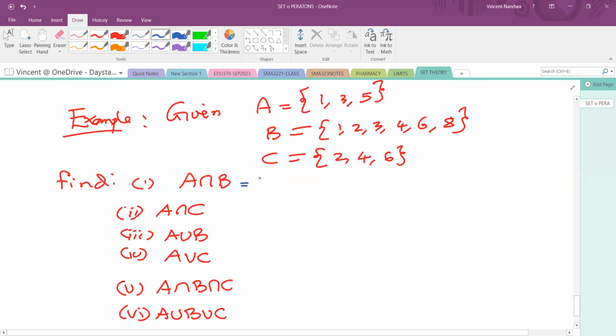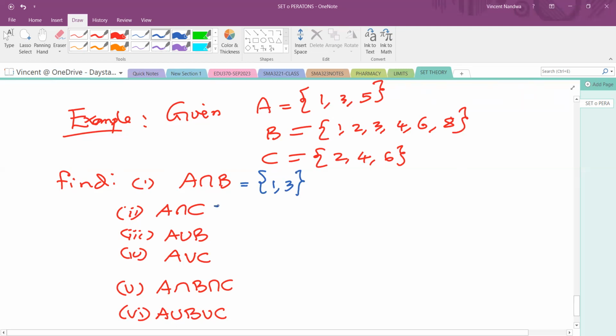So to find A intersect B means identify elements common to A and B. And we can see that 1 is common to the two sets, 3 is also common to the two sets. So this will be a set having 1 and 3 as the only elements.